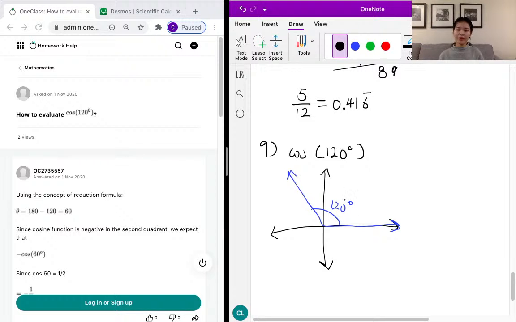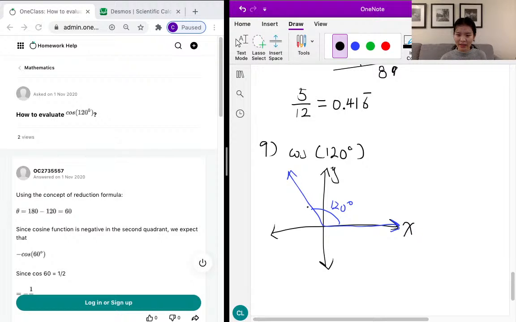And we know that on the unit circle, the cosine values are the x coordinates, and the sine values are the y coordinates. Over here, we know the horizontal axis is the x-axis, and the vertical axis is the y-axis. And we know that x is positive on the positive side, or the red side of the y-axis, and x is negative on this side.